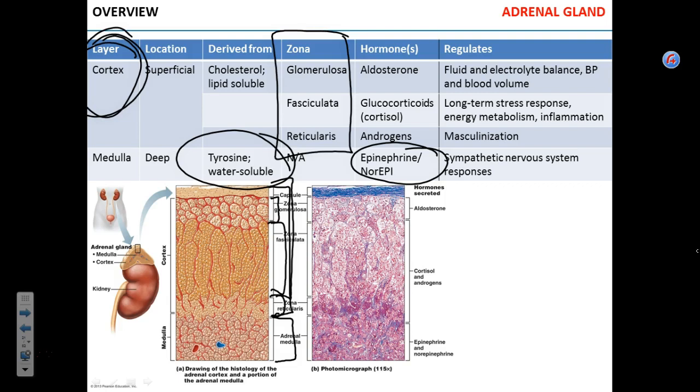They're all based on cholesterol. And they regulate stress responses. Some of them participate also in blood pressure regulation. And a separate set regulates masculinization. They are androgens. With that said, we're going to chat about each zona and each set of hormones separately.